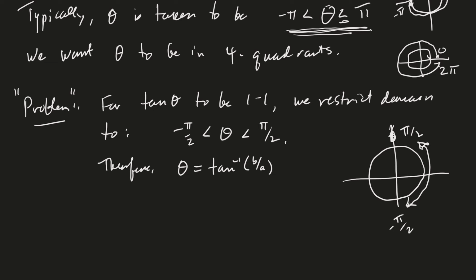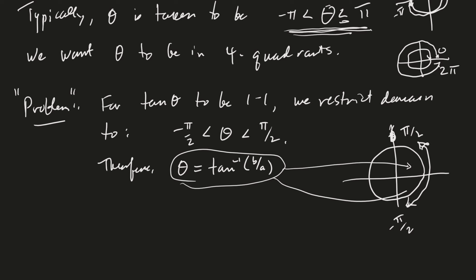So this is where this angle resides, in one of these 2 quadrants. Okay, and so in the next video we're going to talk more about that and see how we're going to fix the problem of having the inverse tangent only appearing between pi over 2 and minus pi over 2 as a 1 to 1 and onto function, right? And then we need somehow to get it all in 4 quadrants.